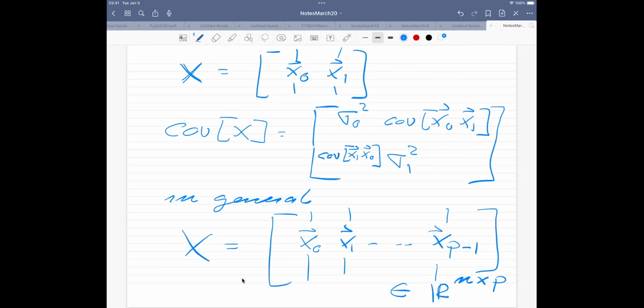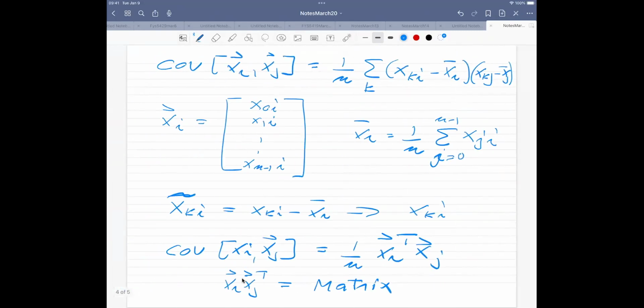And then we have the different vectors. And what we did then was actually to set up this covariance matrix. So now we have to be a little bit careful because here, this is a vector.